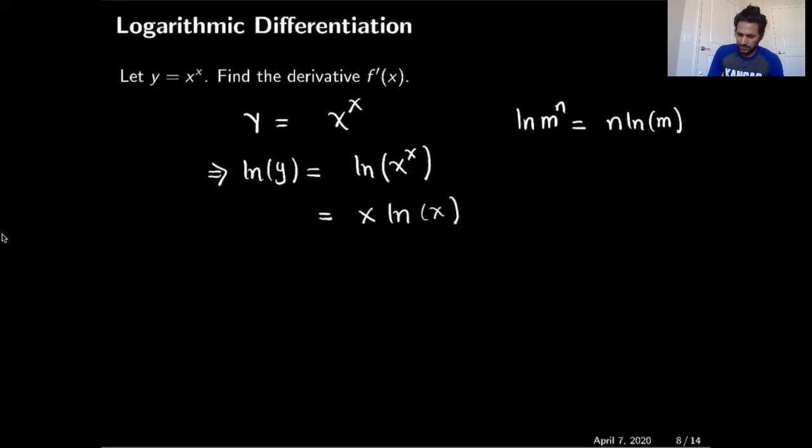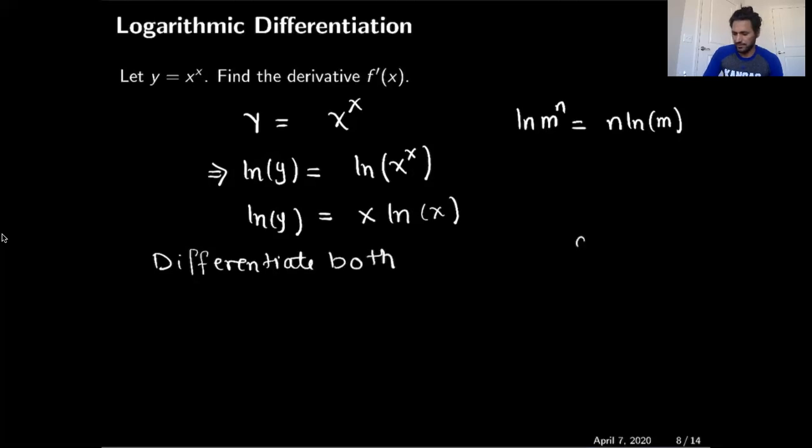And now I will calculate the derivative of both sides. On one side I will use the chain rule, on the other side I will use the product rule. So differentiate both sides with respect to x. We know that d over dx of natural log of u is u prime over u.